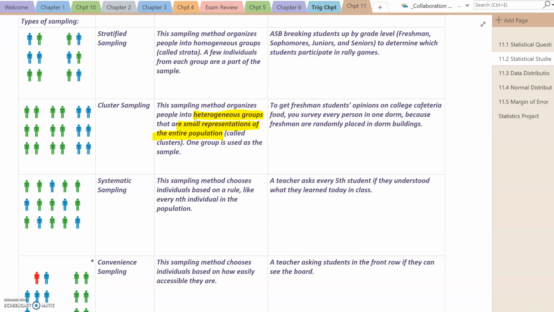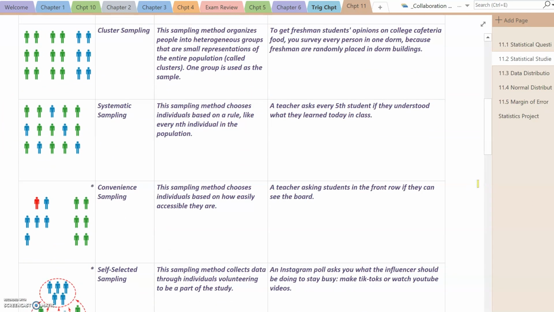So if you ask students in one dorm how they feel about the cafeteria food, you could then assume that was a random enough sample to generalize to the entire population. So again, here is the picture for cluster sampling. The blue people would be the people that you're surveying, and the green are just other people in the population.